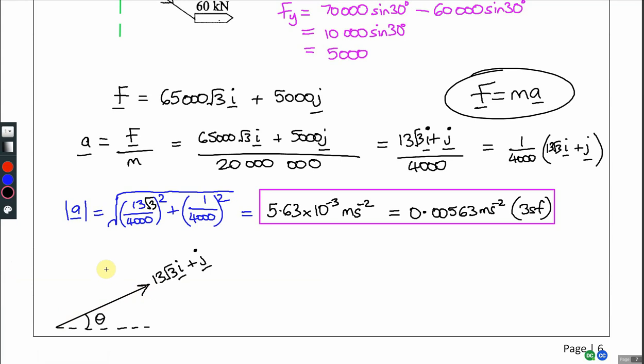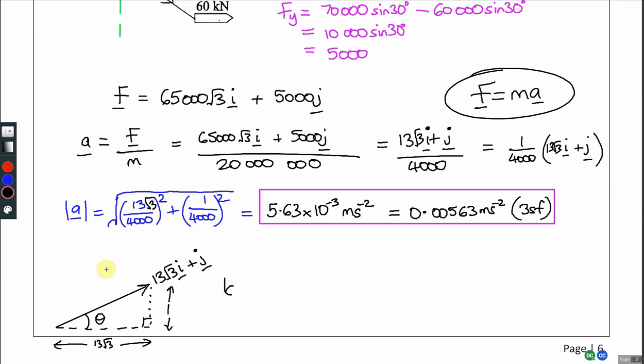I'm going to find theta, and that'll give us the direction. So remember, i and j are in the horizontal and vertical directions. So this is 13 root 3 in the i direction and 1 in the j direction.